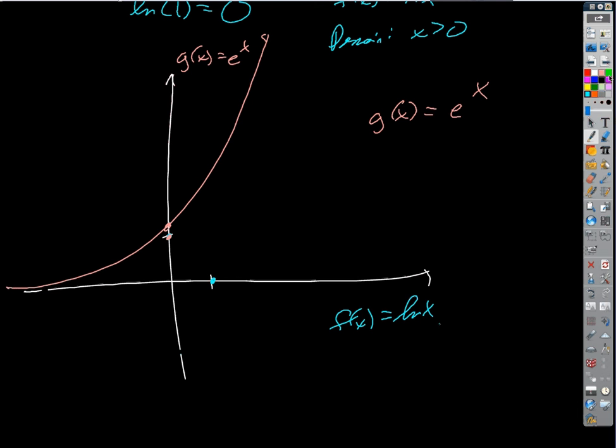They've got to have symmetry about the line through the origin, y equals x. So now we know what it looks like. It has to look like that, doesn't it?